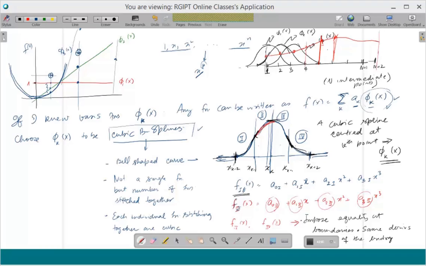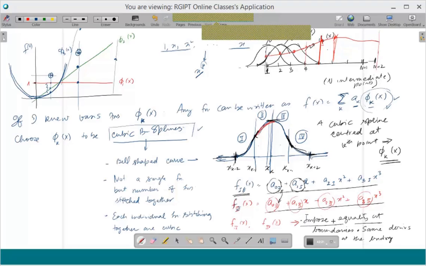Of course, functions f1 and f4 go to 0 at the last points, and the derivatives are also 0. So these are the conditions you impose on these assumed forms, and that will impose some restrictions on these constants. If you apply these conditions, you will see that these constants can actually be obtained.